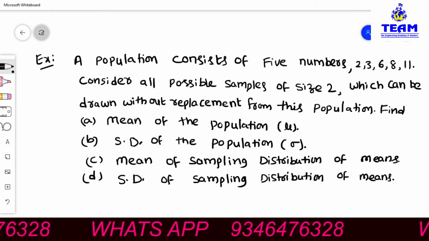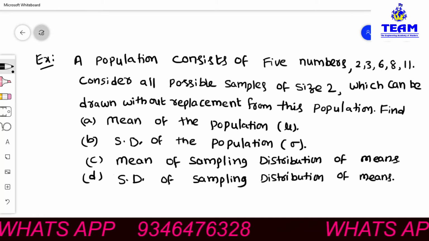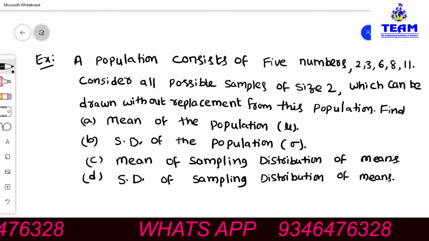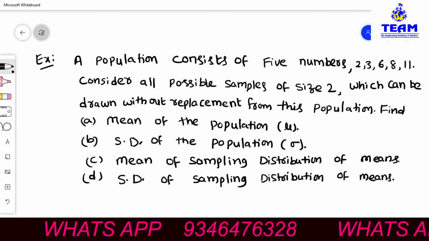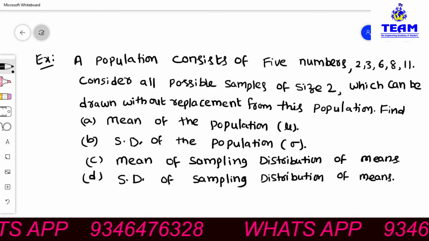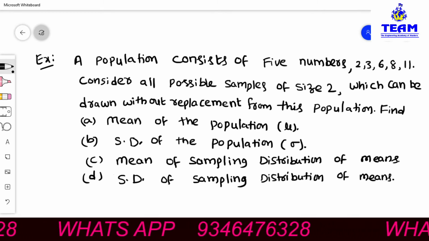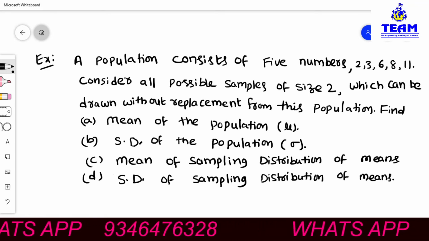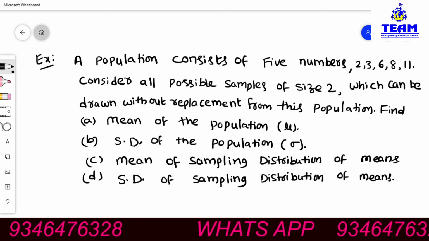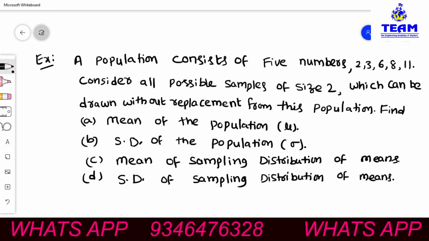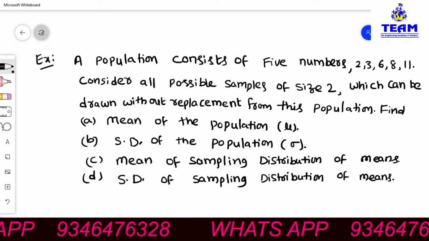Now consider all possible samples of size 2 which can be drawn without replacement from this population. Then we have to find mean of the population, standard deviation of the population, mean of sampling distribution of means, standard deviation of sampling distribution of means.